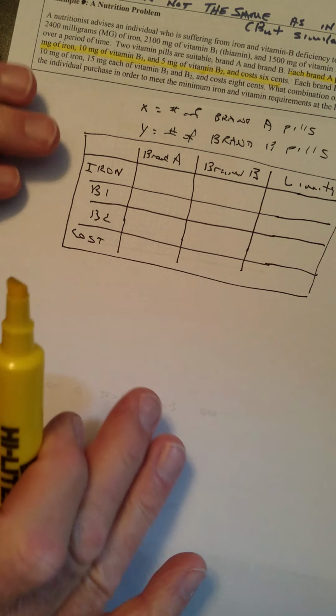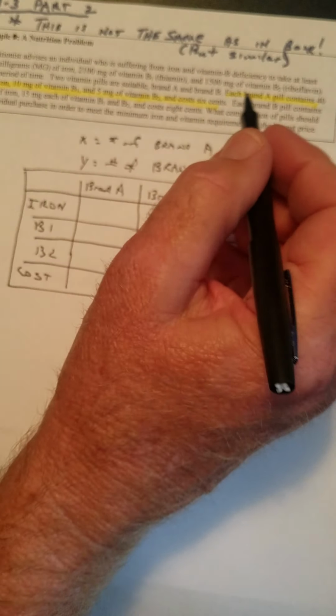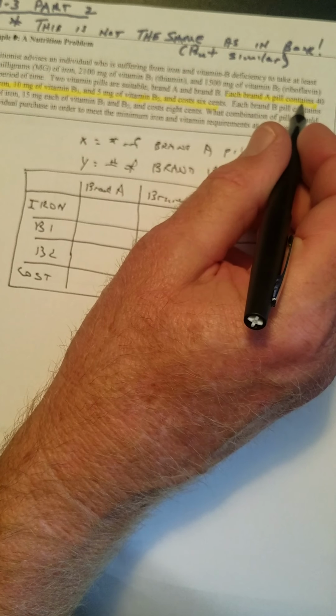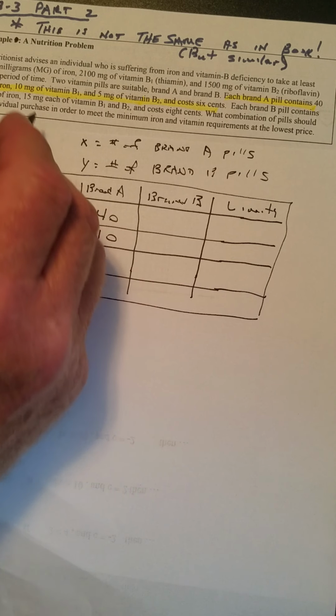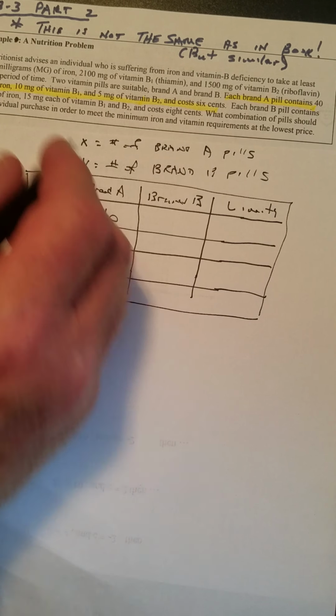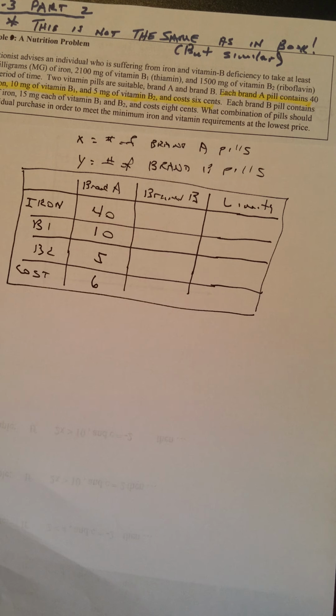So what I've got in yellow is everything I need to know about brand A. A brand A pill contains 40 milligrams of iron, 10 milligrams of B1, 5 milligrams of B2, and it costs 6 cents. Now we'll talk about that later on. We could write that as just 6, as in 6 cents, and then remember at the end whatever number we come up with, I have to change it into dollars, or I could put 0.06. I think you'll find it's easier if I just leave the 6 there.